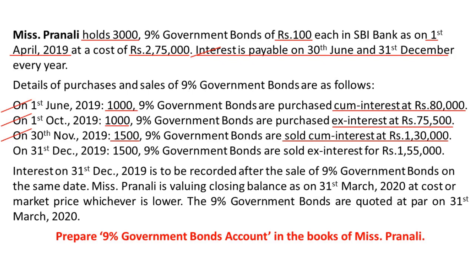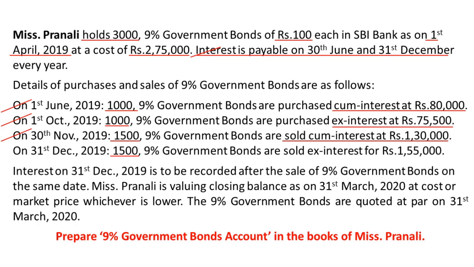Okay, but in the next paragraph it is given that interest on 31st December 2019 is to be recorded after the sale of 9% government bonds. It means, first of all, we have to record the sale transaction and then we'll record the interest received. Okay, so let us consider this particular transaction on 31st December 2019.